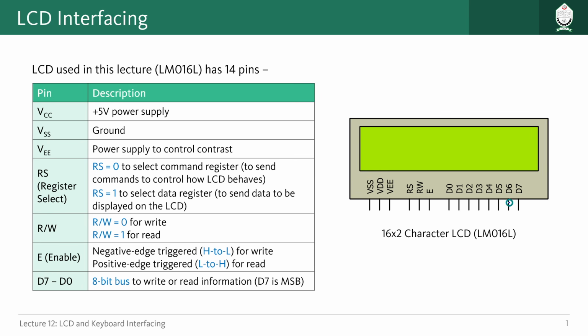These are just the data bus to send or receive data. That can be command data, character data, any kind of data, and we will discuss that later on. But what you have to understand is that whatever command or data you want to send or receive, you will give the corresponding bits to RS, RW, or these 8 pins D0 to D7.